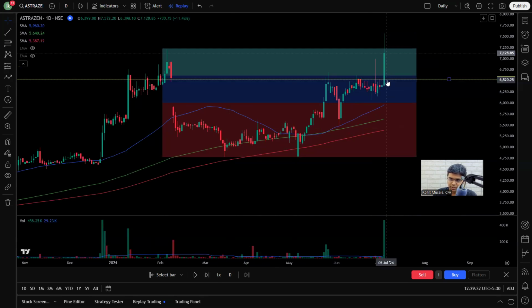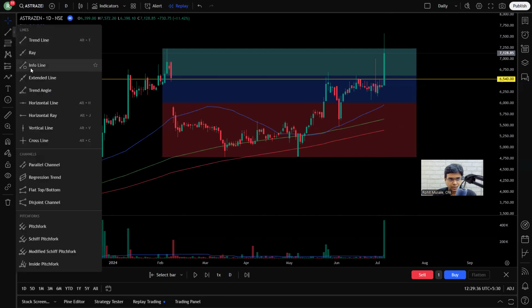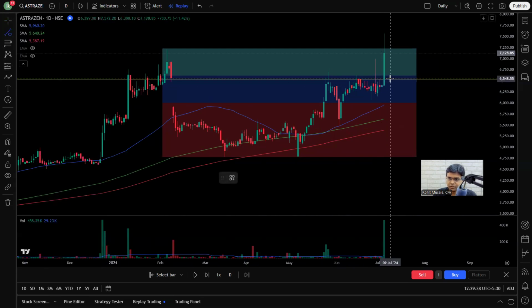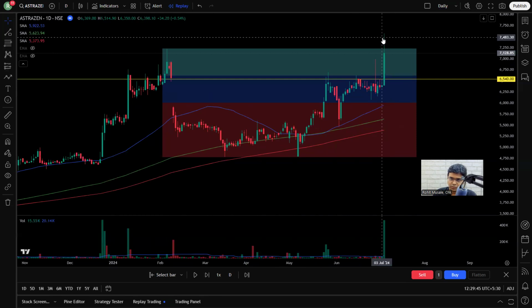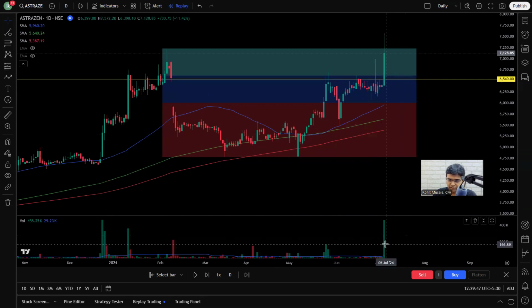Now look what happens. I will move some candles further. See, from this point, suddenly the stock shoots up. If we measure, it goes up like 15%, in a single day. Extraordinary high volume. This is like 900 or 1000% more volume than the average daily volume.